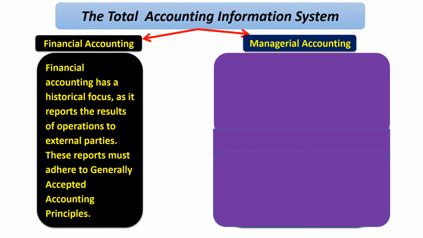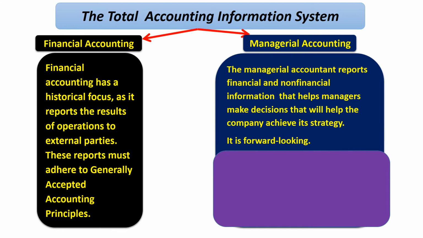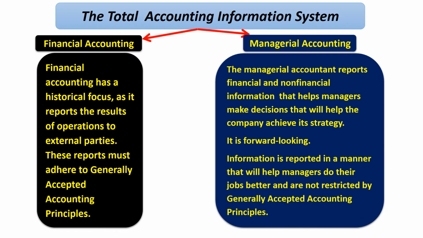But managerial accounting reports financial and non-financial information that helps managers make decisions that will help the company achieve its strategy. It is forward-looking. Information is reported in a manner that will help managers do their jobs better and is not restricted by generally accepted accounting principles, or IFRS.